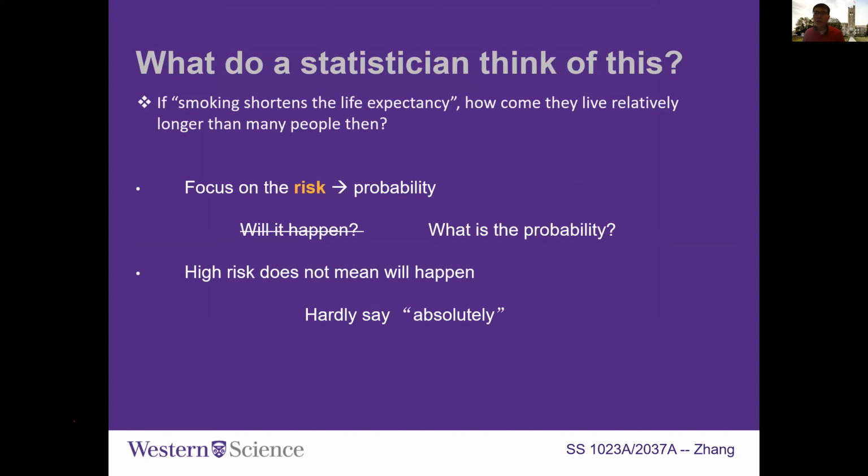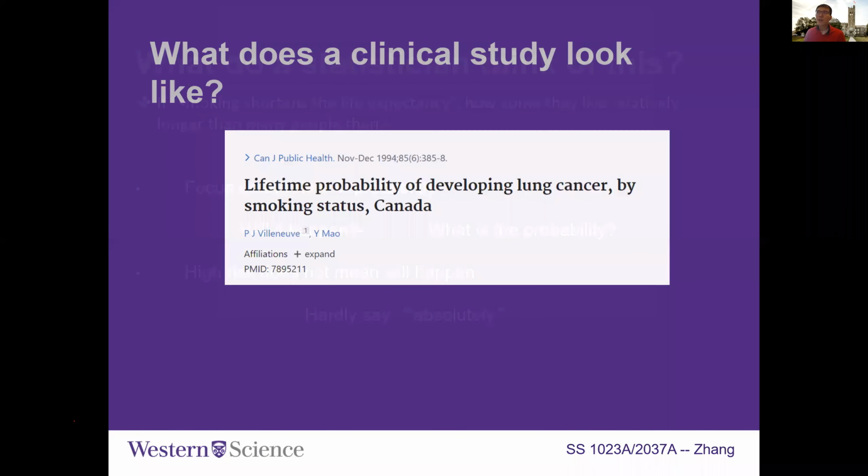And finally, I would like to share with you how a statistician would design a study to solve this problem. Here, I was lucky to find a study from a long time ago, 1994, which took place in Canada.